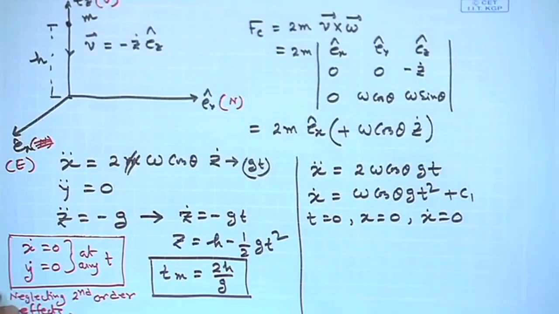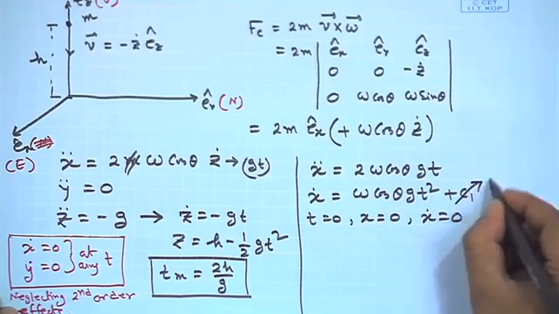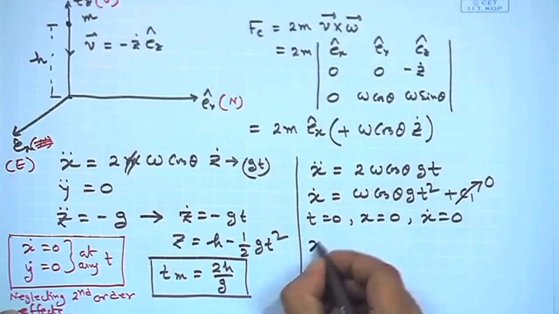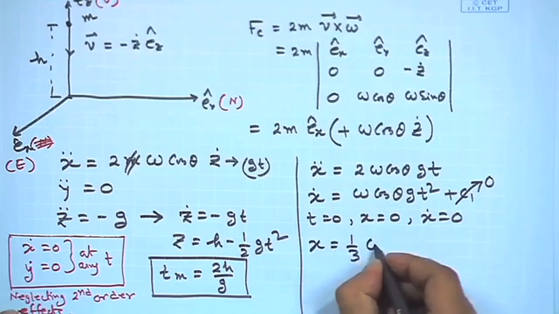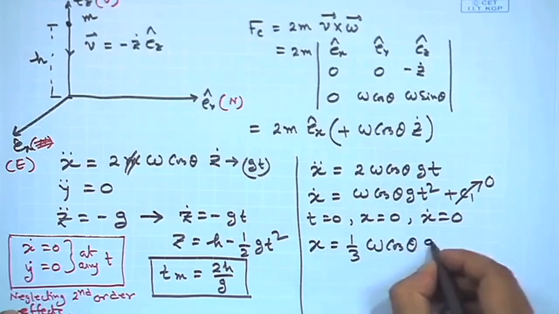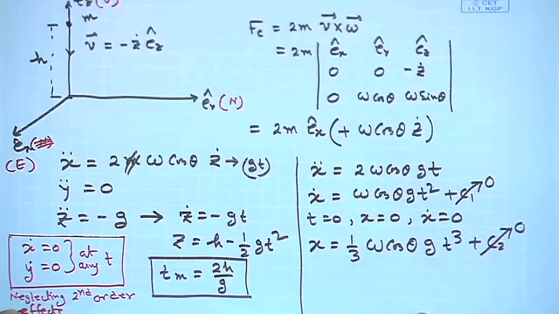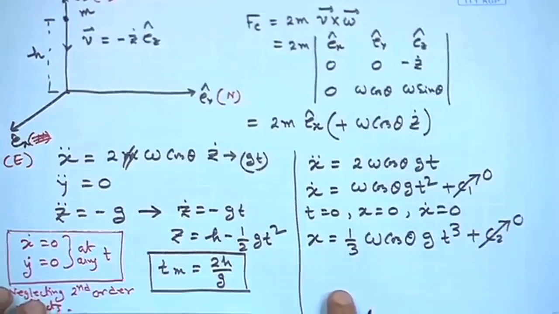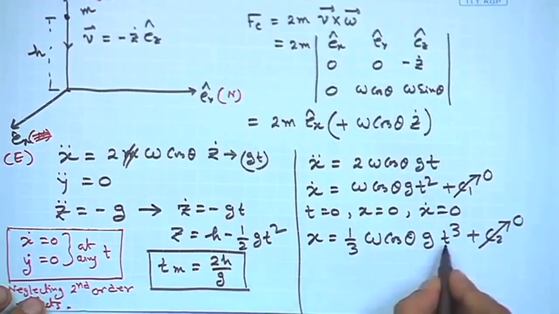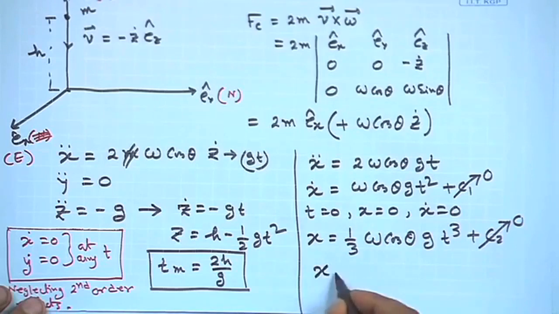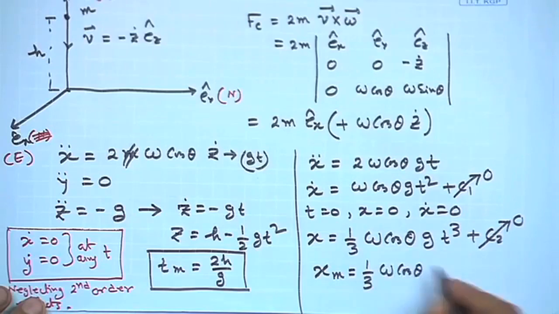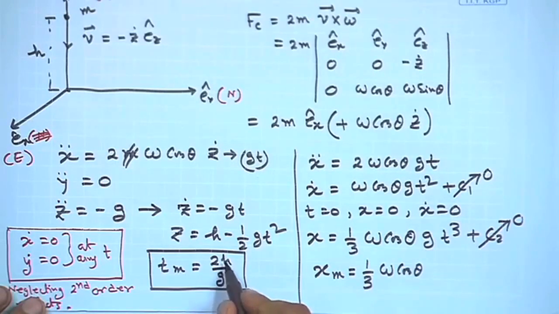So we can use x dot equal to 0, which immediately sets c1 equal to 0. Similarly, we can integrate once more to get 1/3 omega cos theta g t cubed plus some c2, which we can also set equal to 0. So the maximum deviation is when we put t equal to t max. Now there will be a 2h cubed by g cubed under a root.